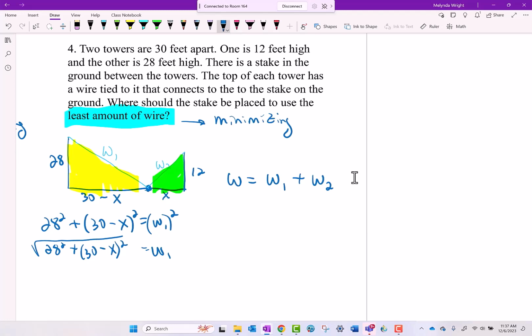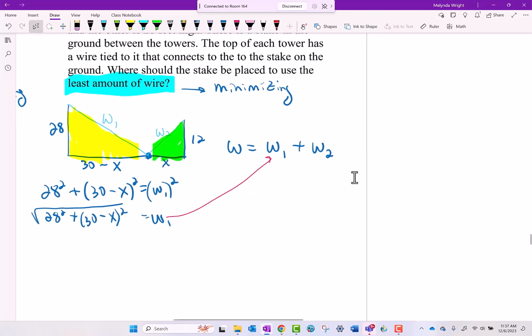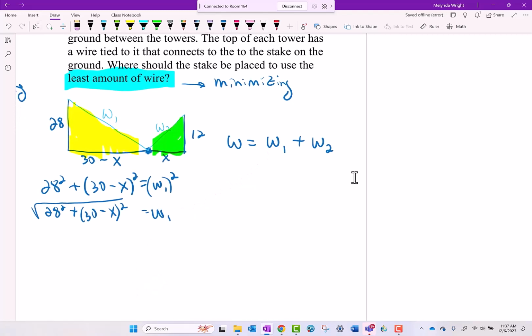Okay, and we're going to take this and put it right there in just a moment. We're going to sub that in for wire 1. Okay, let's work on wire 2. We need to figure out a way to represent wire 2 with this information that's in this triangle, and I agree we would use Pythagorean theorem again.